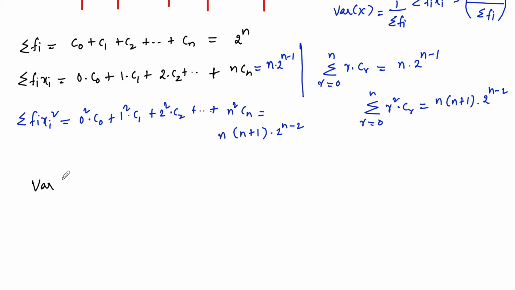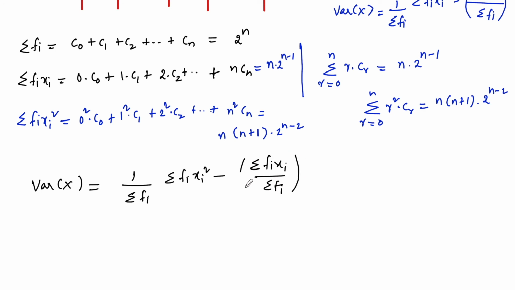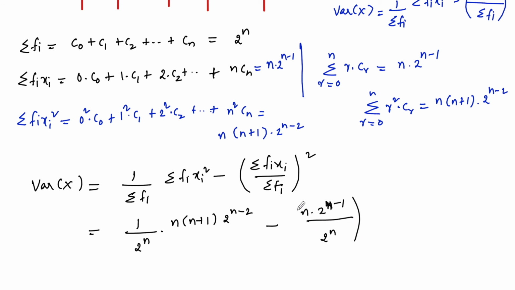Variance of the variable x is equal to 1 upon summation fi into [summation fi xi square minus (summation of fi xi upon summation fi) whole square], which is equal to 1 upon 2 to the power n, where summation fi is 2 to the power n, into [n into n plus 1 into 2 to the power of n minus 2, minus (n into 2 to the power of n minus 1 upon 2 to the power n) whole square].